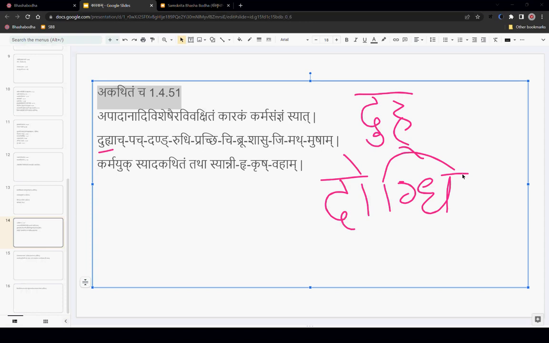So here also, the phala of this dohana kriya, the milking action, is milk itself. We're actually milking the milk out of the cow. So Gopalaha kshiram dogdhi or payaha dogdhi. That is how the sentence normally is.